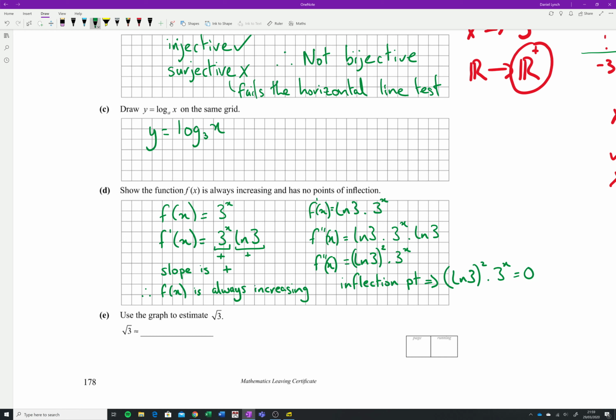A consequence of that is you have something times something else equaling 0. Well, this thing is definitely not 0. That thing isn't. So it would follow that 3 to the power of x is 0. That can't happen. There's no x value you can place in which is going to get you 0.